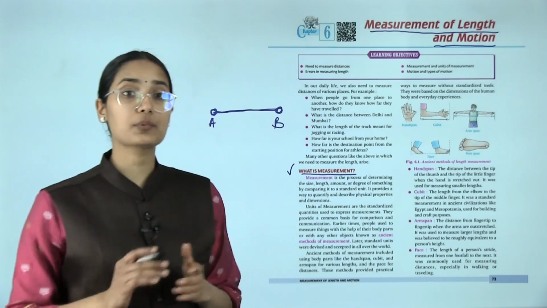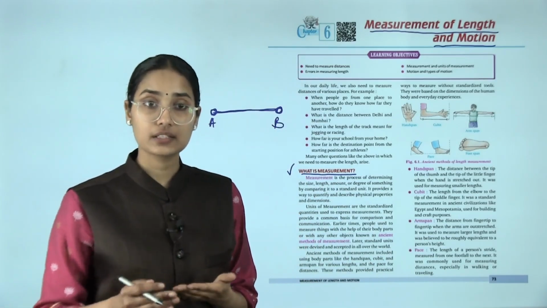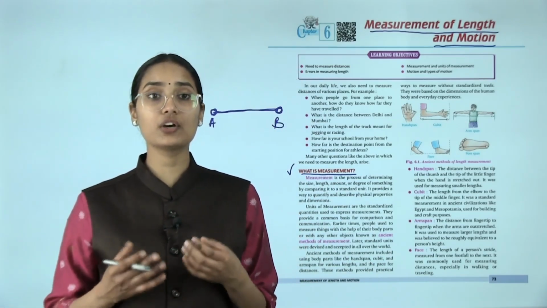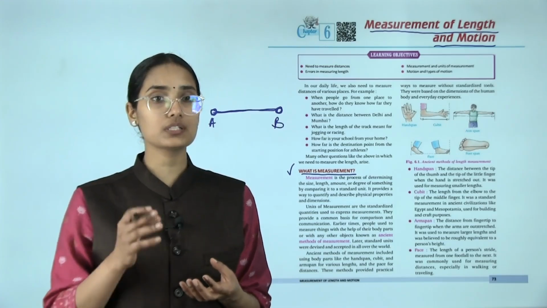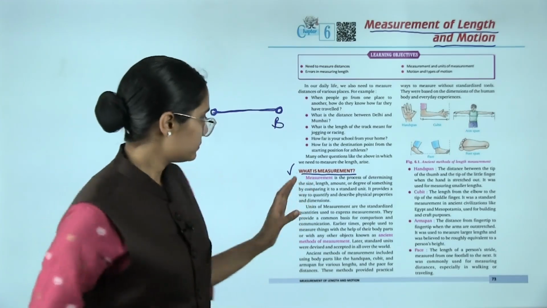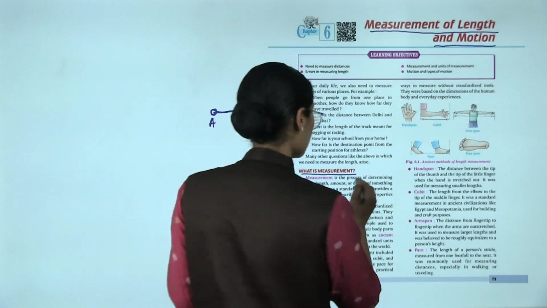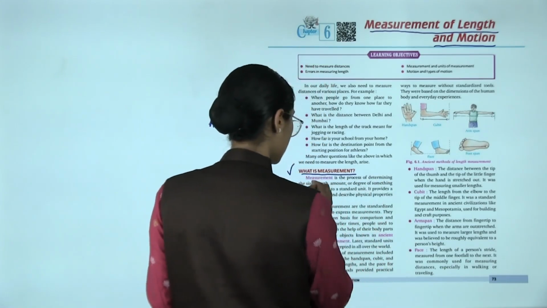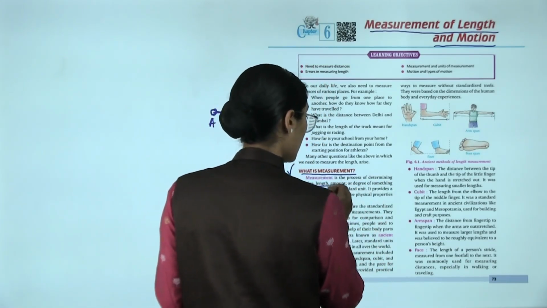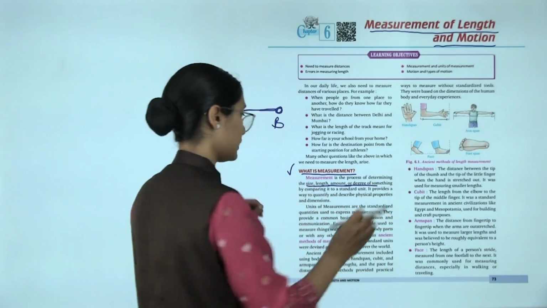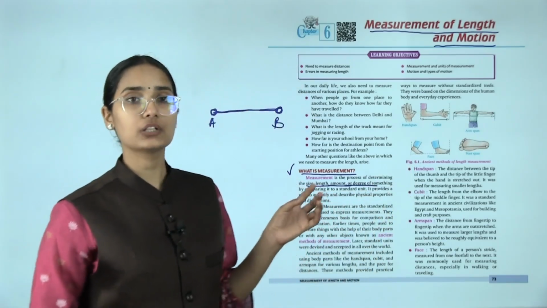Measurement is the process of determining the size, length, amount or degree of something by comparing it to a standard unit.